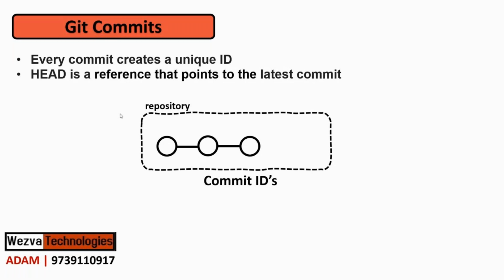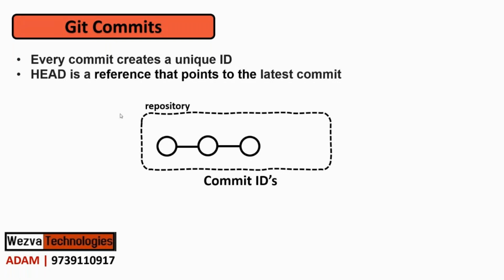In order to do that, you need to put it into the staging area, and every time you put into the staging area and commit, a new ID will be created, just like your bank transaction. Now, when you start working with commits, you refer to them by commit ID.